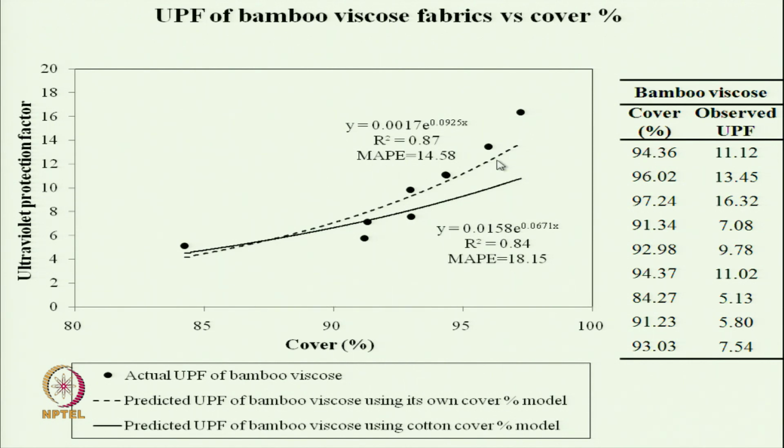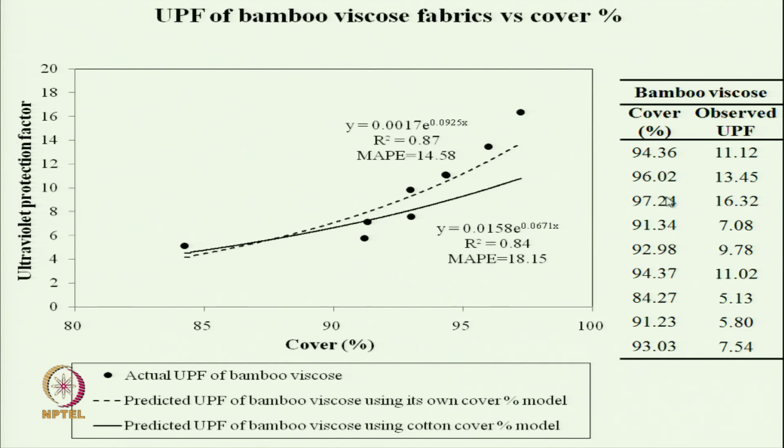This is the equation if we use the viscose cover factor model, and the error percent has reduced to 14.58, and in case of the cotton model, as we have seen, the error was 18.15. Still, even with the bamboo viscose model the error percent is high.